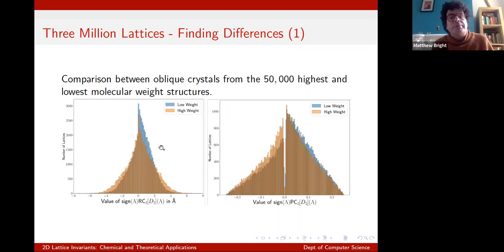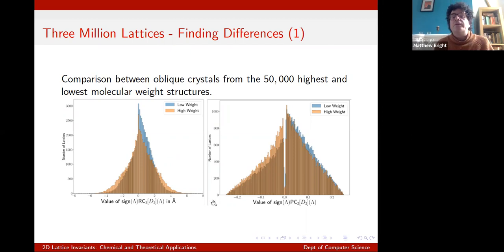And the answer is sort of not really, but you can see some slight differences which are possibly worth talking about. For example, do crystals made from heavier weight molecules behave differently, provided you're consistent between the two groups, from lighter ones, in terms of the symmetry of the two-dimensional lattices you extract from them?